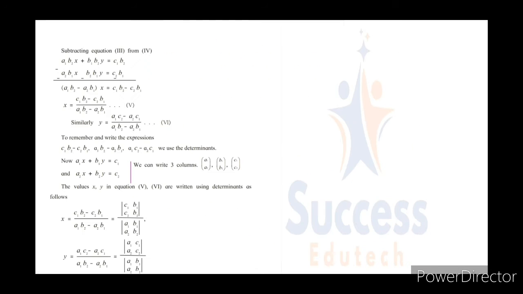Now subtracting equation 4 from 3, we get b1 into b2y and minus b2 into b1y will get cancelled. So my equation becomes a1b2x minus a2b1x.